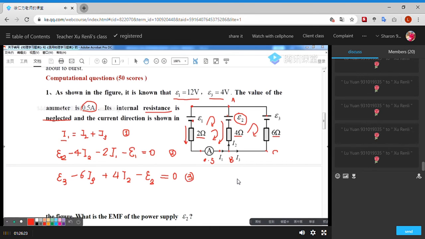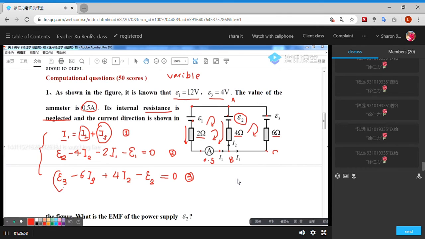This is equation 3. So here we have 3 equations. In these 3 equations, we want to know the values of the variables I2, I3, and epsilon 2.